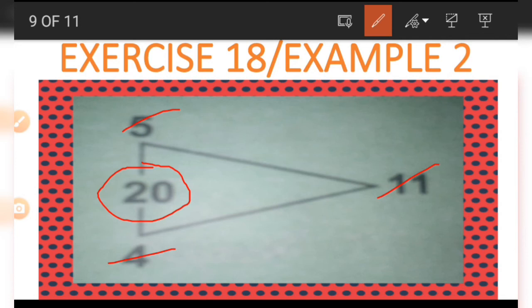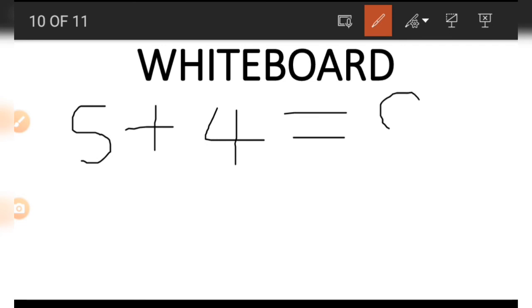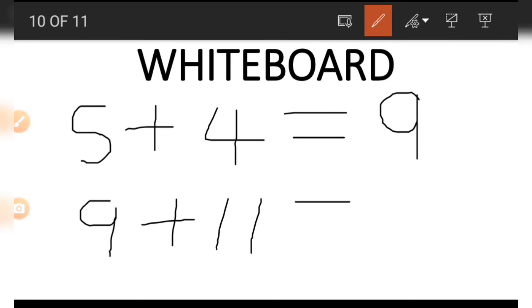When we make use of the numbers on the vertices of the triangle, we can get the number 20. So we simply add up the numbers in the vertices. First, 5 plus 4 gives us 9. 9 plus 11, and that gives us 20. So this is how we get the 20.